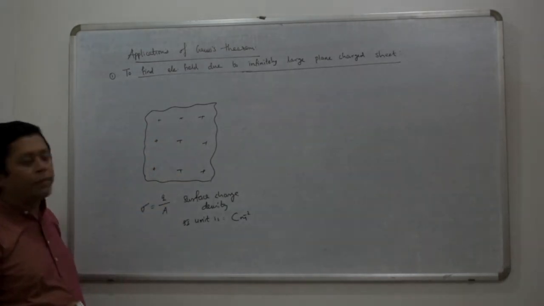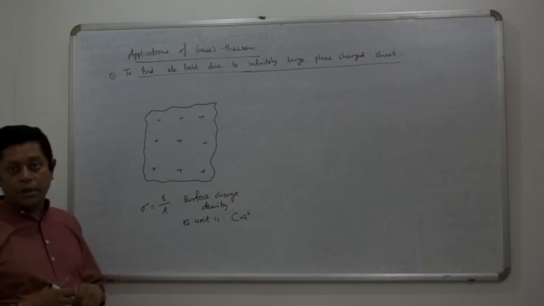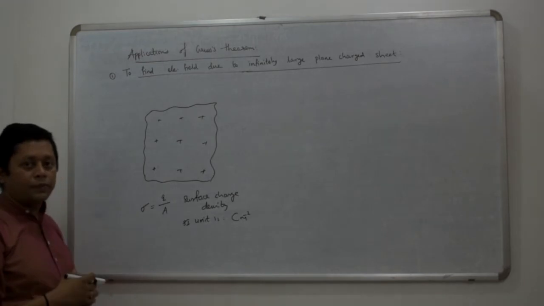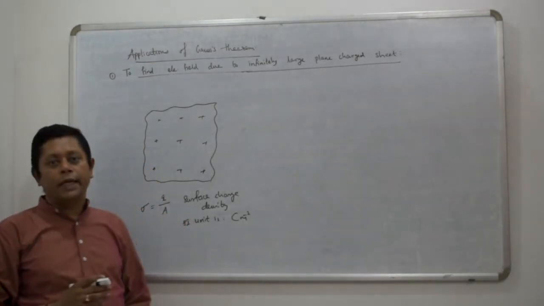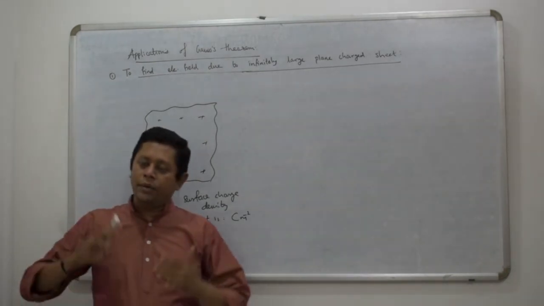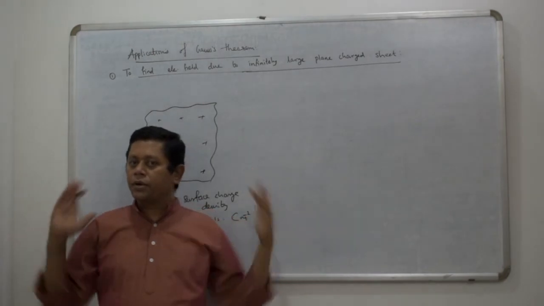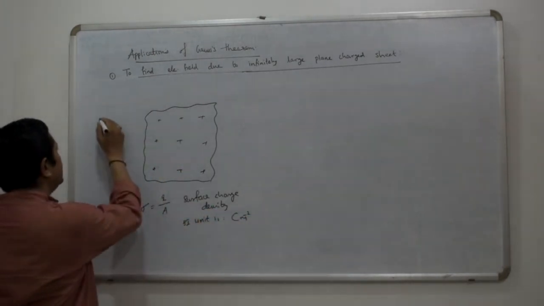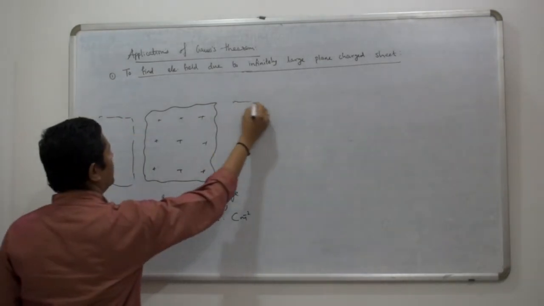To find the electric field due to this charge sheet at a certain distance from the sheet, we need to draw a Gaussian surface which can enclose this charge. Now if it is an infinitely large sheet, then to enclose this charge sheet, we need to draw the Gaussian surface on both sides as infinitely large sheets. So this is the infinitely large Gaussian surface on both sides.